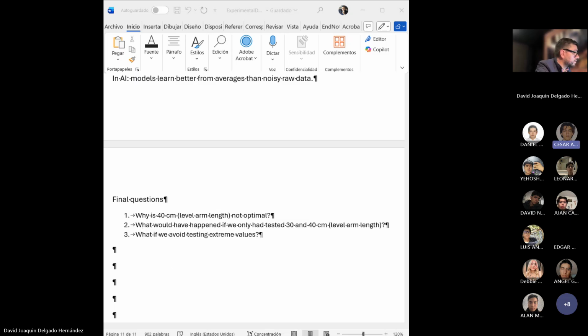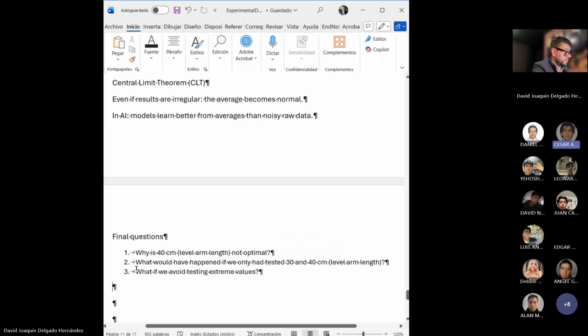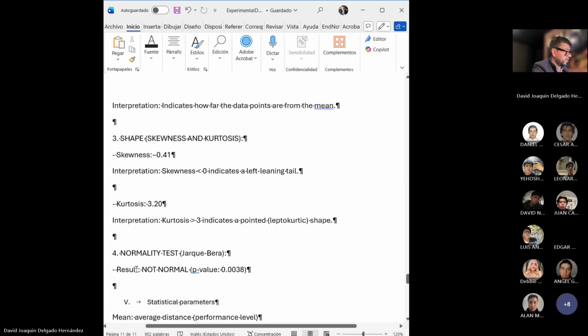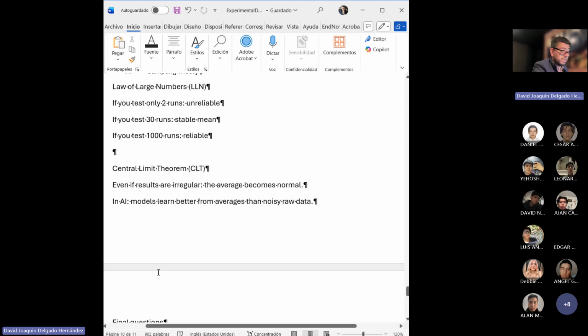The model trained only on safe or middle data cannot predict failure. And the extreme values are required to calculate the main effect of a factor. Okay, perfect. Thank you very much.